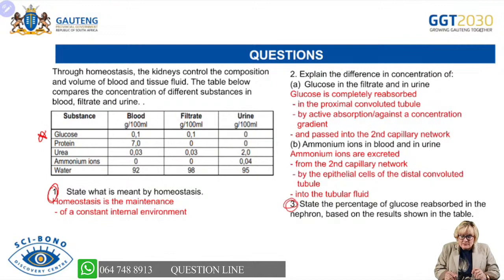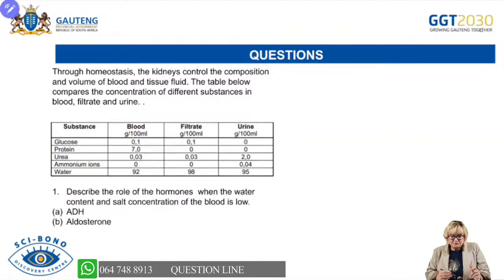In the blood there was 0.1 gram per 100 milliliters. In the filtrate there was 0.1, but in the urine there was nothing. Can you see there? Nothing. So how much was basically reabsorbed? All of it. And you must put it as a percentage, so how much percent? 100%. So everything was reabsorbed.